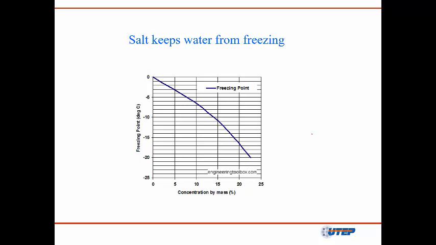In addition, what the salt will do is decrease the freezing point. So if you normally have freezing at 0 degrees Celsius, by adding salt it decreases it even more, so that then you'll have liquid water instead of ice.